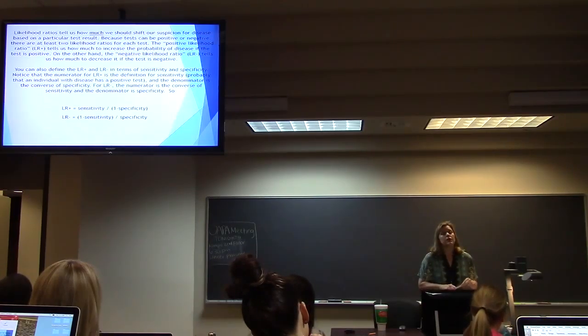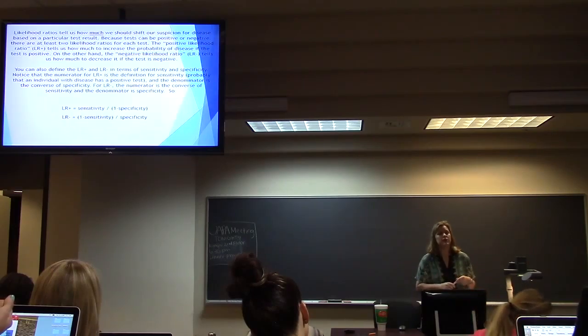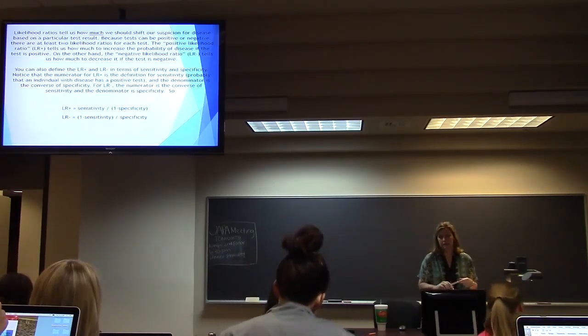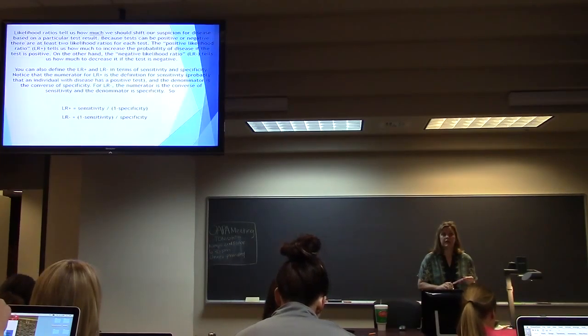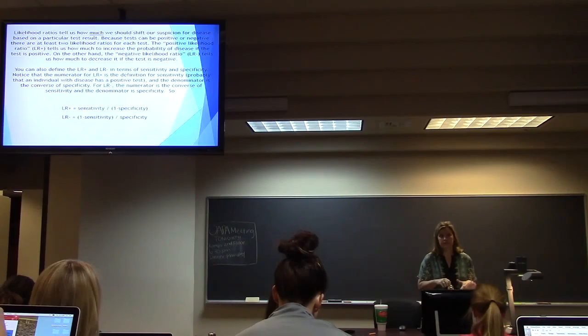So for every test, because there is both a sensitivity and a specificity, and because a test can be negative and positive, there's going to be both a positive likelihood ratio and a negative likelihood ratio. And we define these in terms of their sensitivity and specificity.